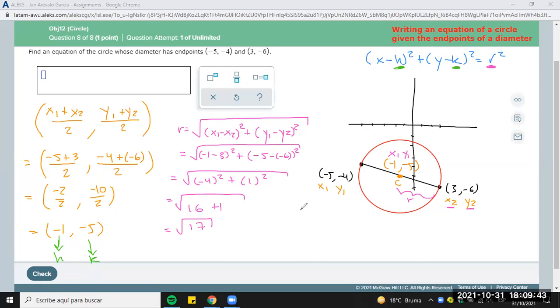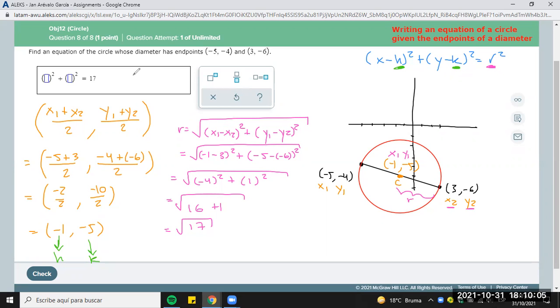Okay, we're ready to write down the equation of our circumference or the circle. The radius is the square root of 17.